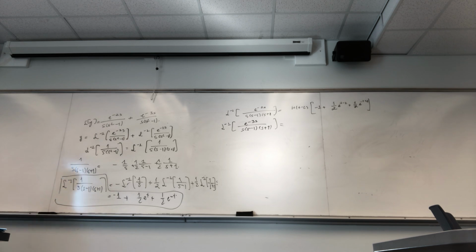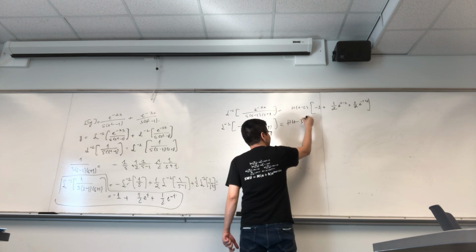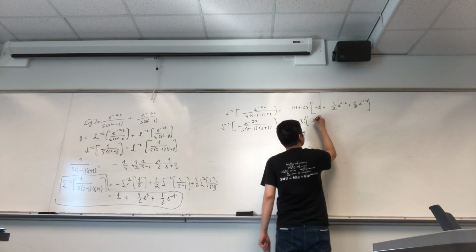You would do the same thing, but shifting by 3, so it would be t minus 3, and then multiply by h of t minus 3. So you just replace t minus 2 by t minus 3.